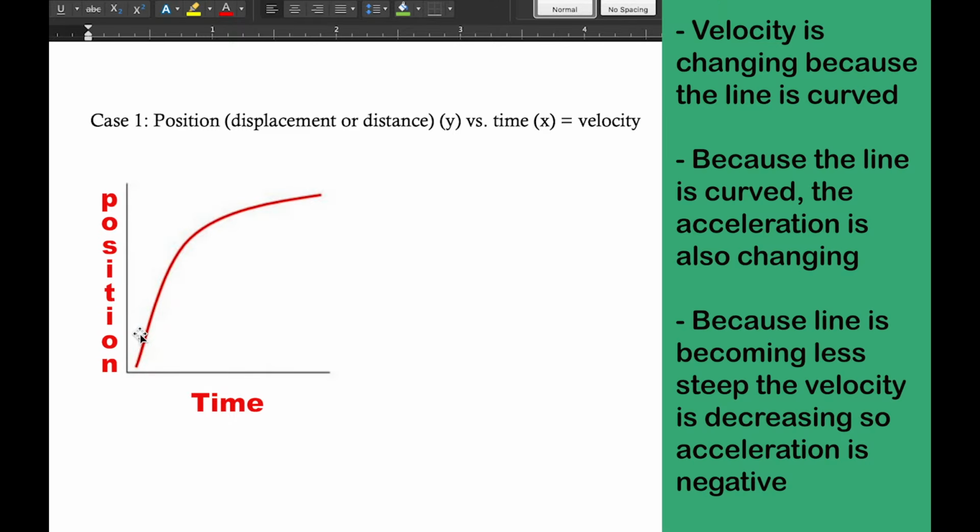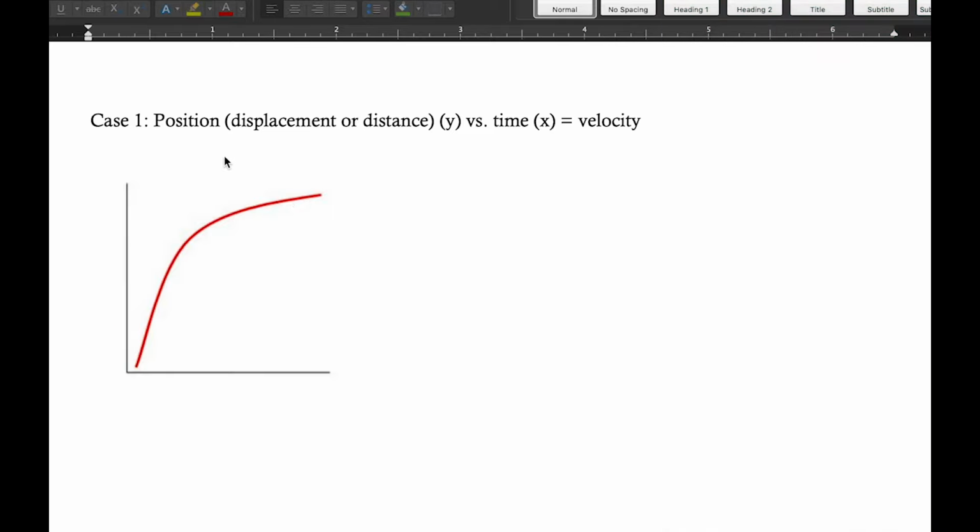Secondly, it's becoming less steep, which means that the velocity is decreasing. Now, because we're only going up, we're not going down, this means that the velocity is positive, but guess what? It is decreasing. Now, we finished case 1 of position or displacement or distance versus time.